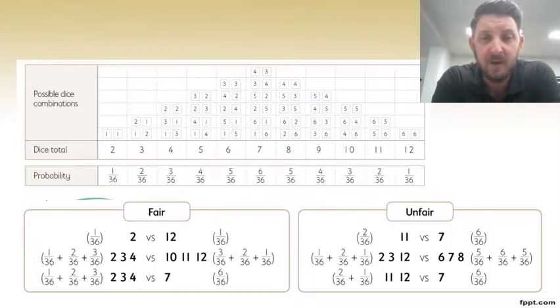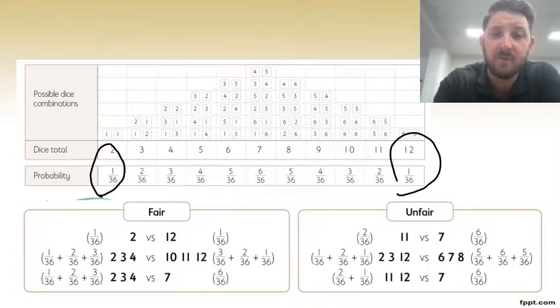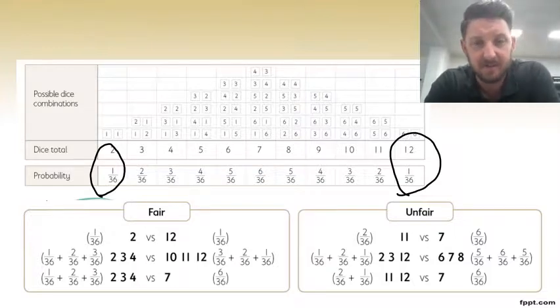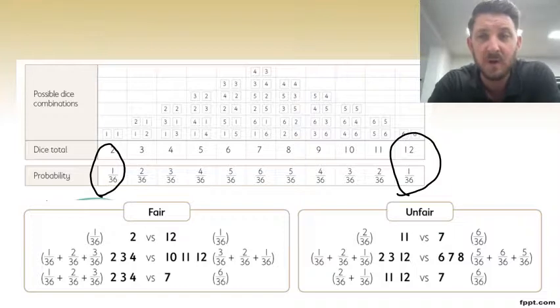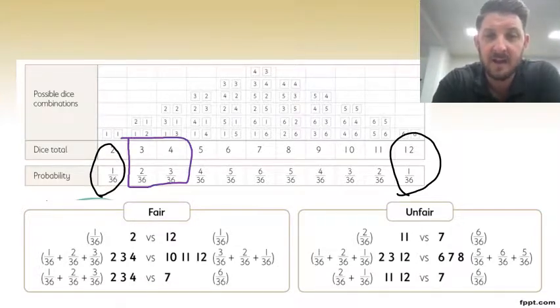Now, looking down below, here are some more examples. The first one for fair is 2 versus 12. You can see straight away that both are 1 over 36, so it must be fair. Same amount of chance. The second one looks at 2, 3, 4 and 10, 11, 12.